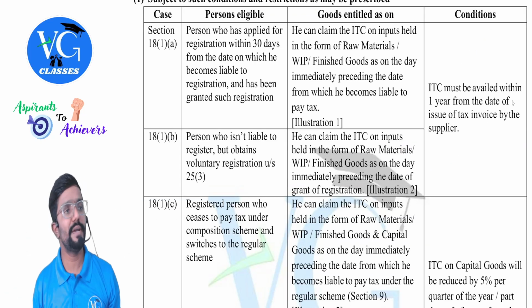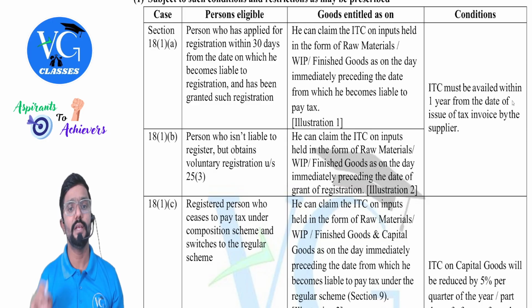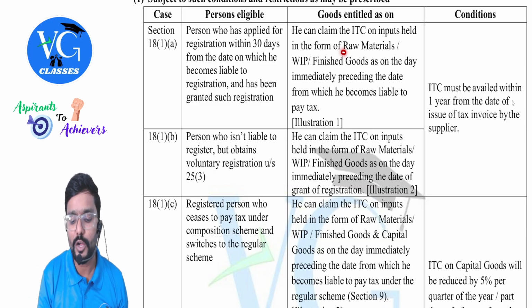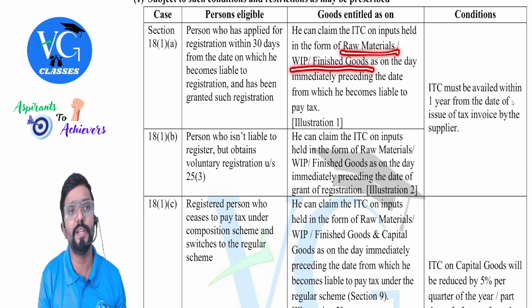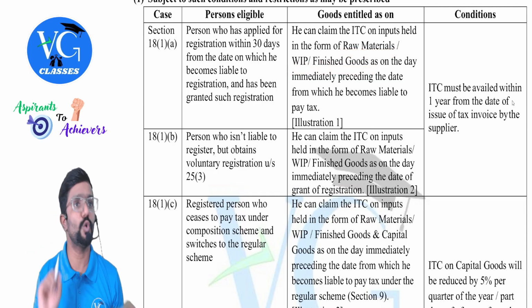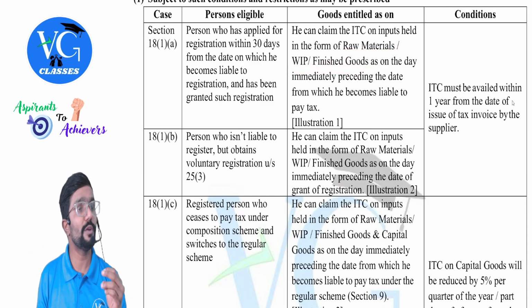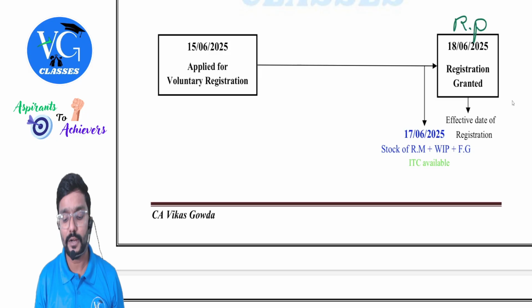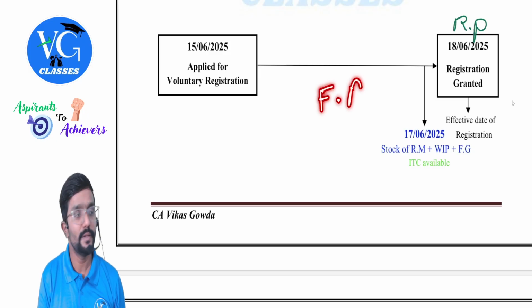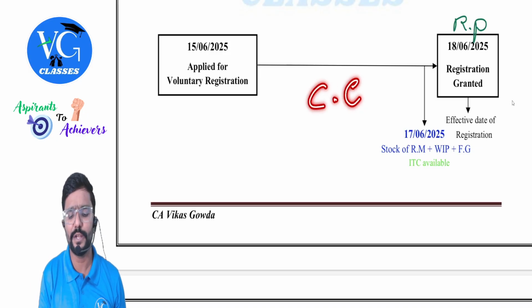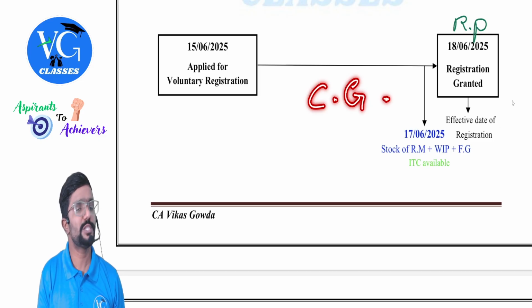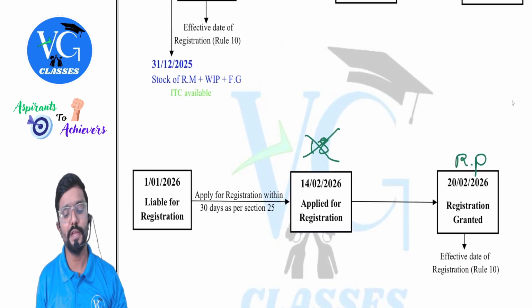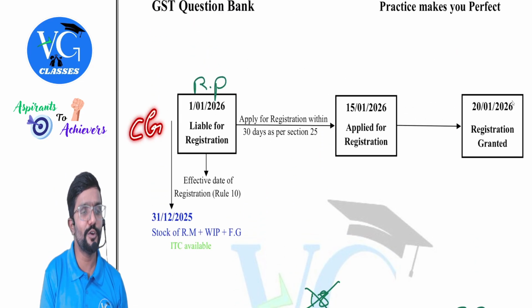One important thing, guys. They covered only the stock of raw material, WIP and finished goods. Sir, what about capital goods? Fixed assets. For example, sir, some fixed assets were purchased before this, sir. Capital goods were purchased before this date.